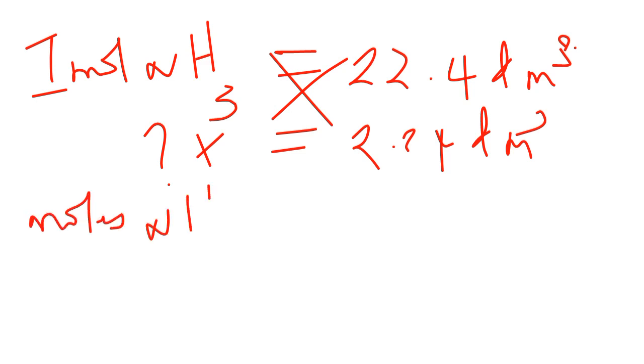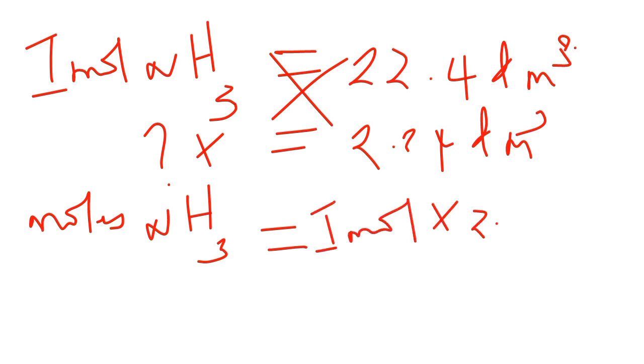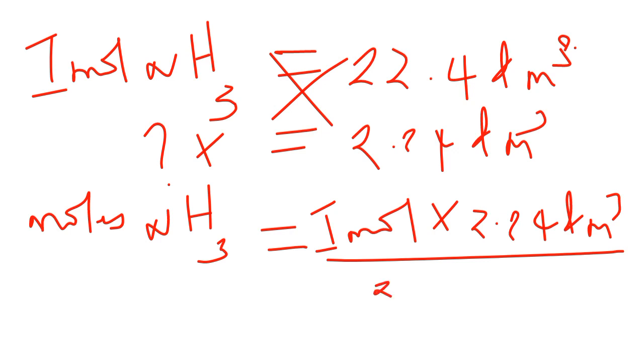So the moles of ammonia at STP will be equal to 1 mole times 2.24 dm³ divided by 22.4 dm³. The dm³ and dm³ cancel out.